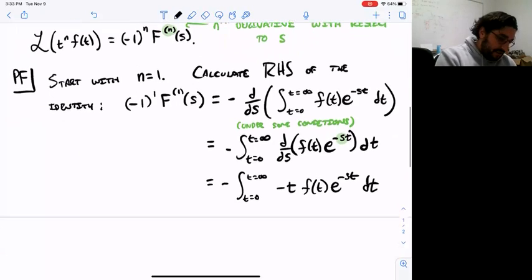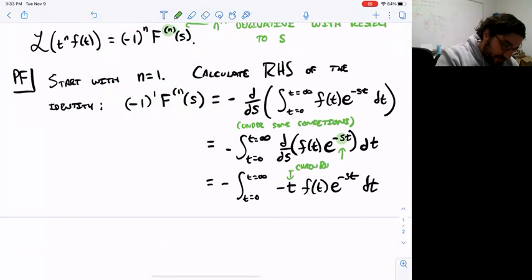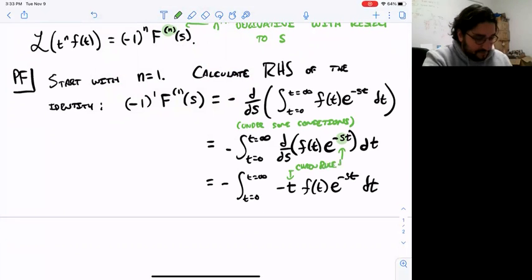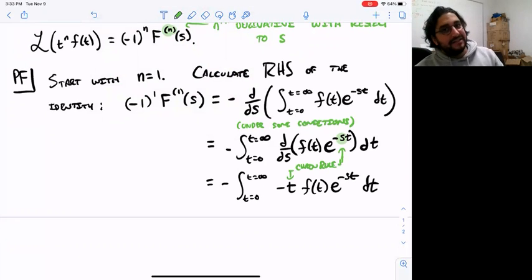And once again, what is happening there? It's chain rule. It's the same good old chain rule that we all know and love from Calc 1. It's just a slightly tricky application of it. You just have to remember that s is the variable, minus st is the inner function, and we're differentiating with respect to s. So what it multiplies by is negative t, the coefficient on s.